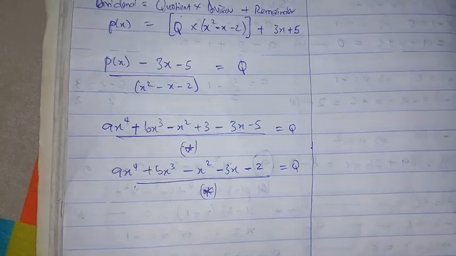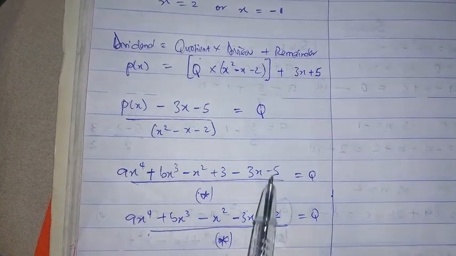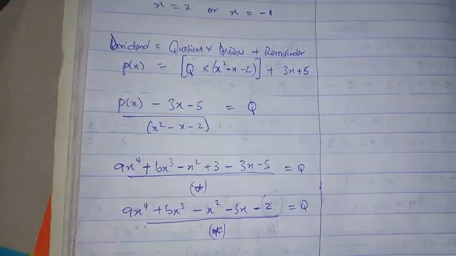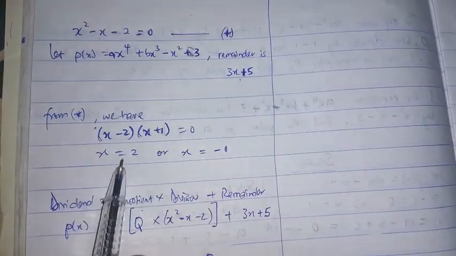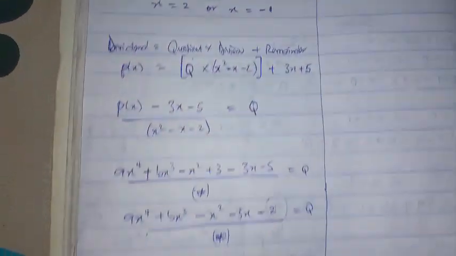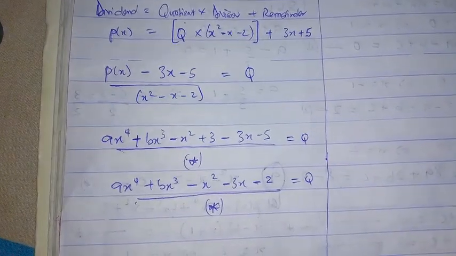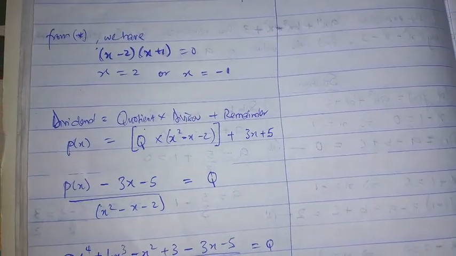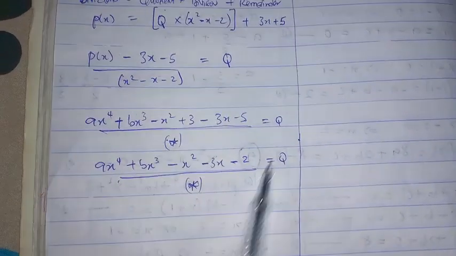We've already said that if divided by this, the remainder is this, which I've brought up here. So if I put the values of star, which are 2 and minus 1, in this new function, I can equate to 0, since I've already changed it from the remainder, which was 3x plus 5.